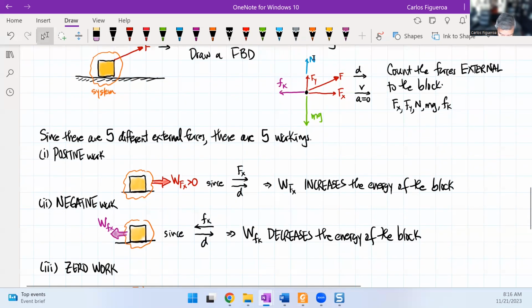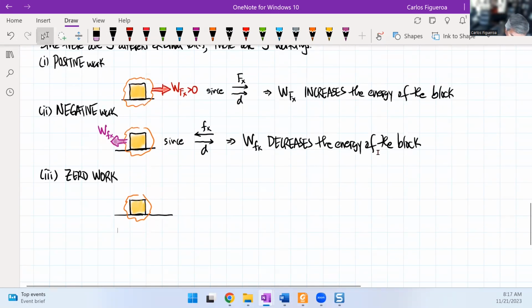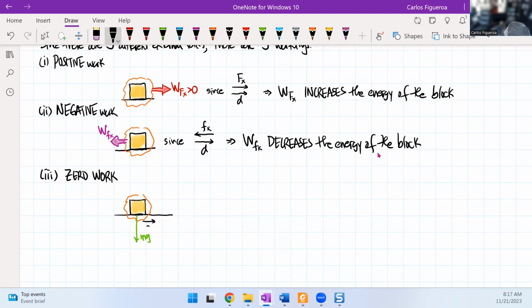There's the normal, there's F of Y, and there's mg. Here mg is coming down, but that's perpendicular to the displacement. And then I have my normal and my F of Y, and these are perpendicular to the displacement.